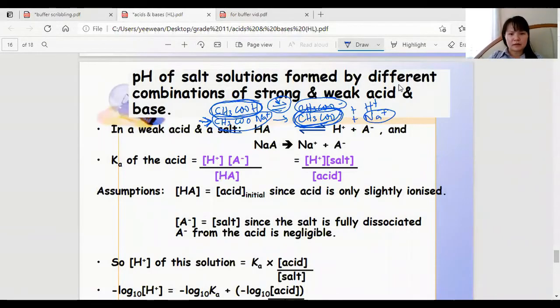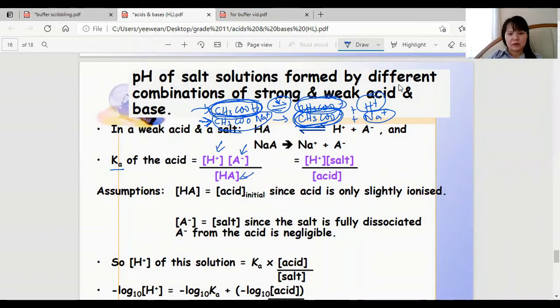Okay, since the salt dissociated fully, there's no calculation about Ka there, but this is a weak acid, so there is a Ka for that. We already covered that Ka equals the product, which is the H+ times the CH3COO-, over the CH3COOH.